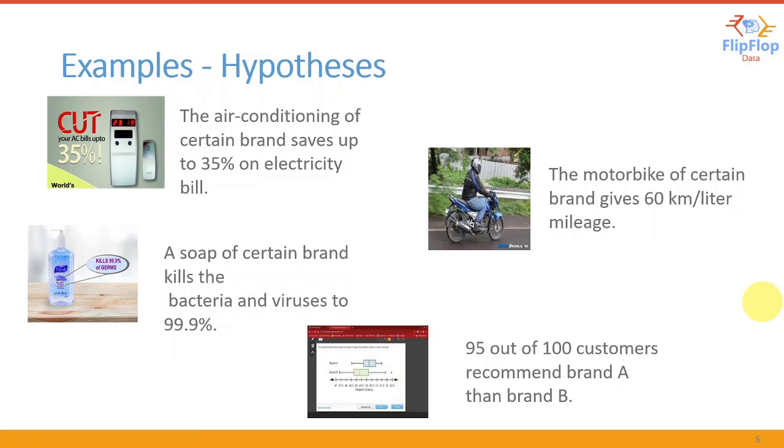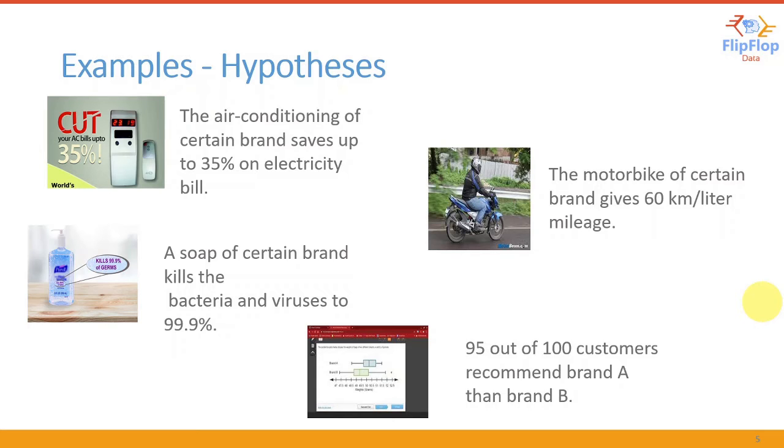Third, a soap of a certain brand kills bacteria and viruses to 99.9%. And fourth, 95 out of 100 customers recommend brand A rather than brand B, etc. All these examples are one or the other claim or an assumption or a hypothesis, and in most of these cases, they can be verified statistically.